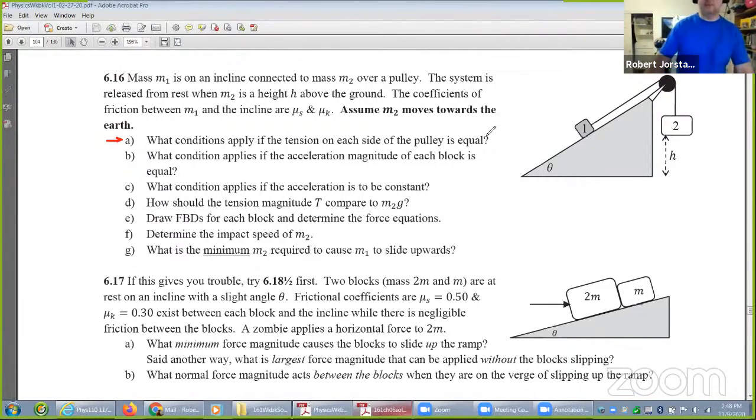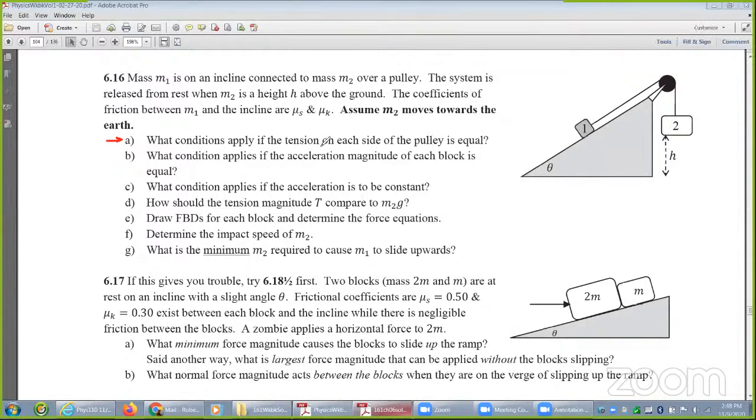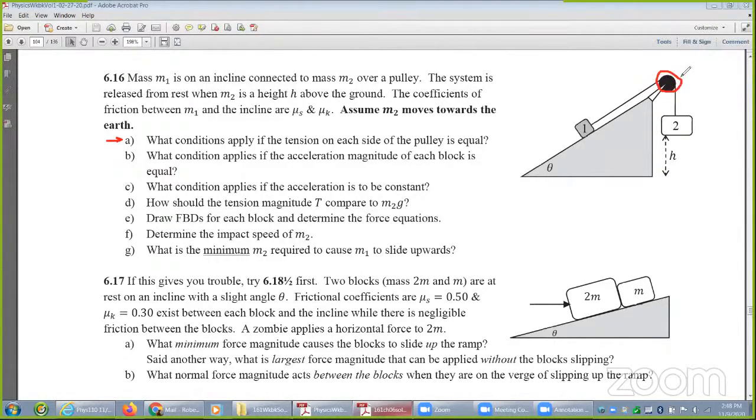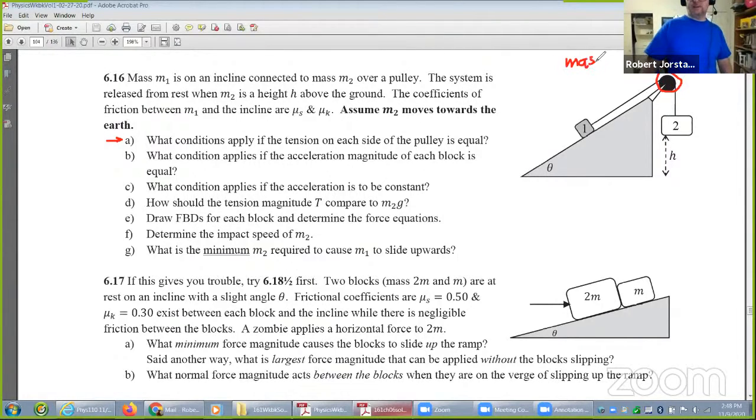That doesn't necessarily mean the acceleration is going to be equal, because the tension could be a really small number or a really big number. It's something to do with acceleration, right? They're constant, not necessarily. I'm thinking about this object right here. Is it massless? We need a low mass or massless pulley. What else? Frictionless axles.